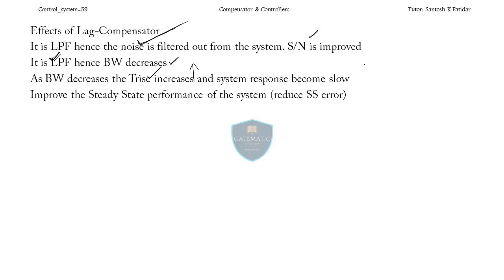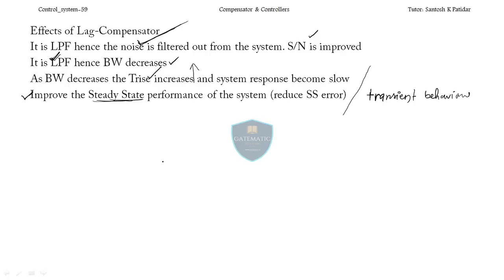Okay, now it improves the steady state performance. See, this is the very crucial point. In the lead compensator what we have seen, the lead compensator will improve transient behavior, but your lag compensator will improve the steady state performance.